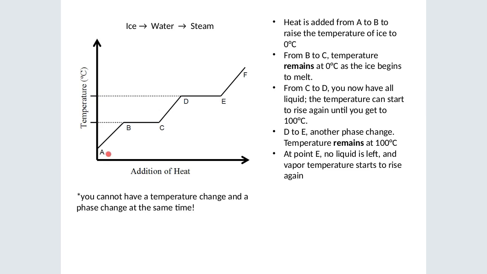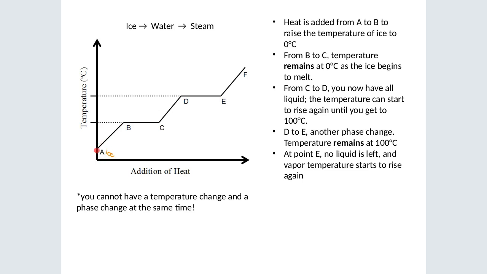So down here at point A, this is going to represent ice. Now, let's say that ice is even at negative 25 degrees C. It doesn't matter where it is. But if I start adding heat into this, from the segment from A to B, heat is going to be added from point A to point B to raise the temperature of the ice up to 0 degrees C. And so as I'm adding heat, you'll see that the temperature is also rising.